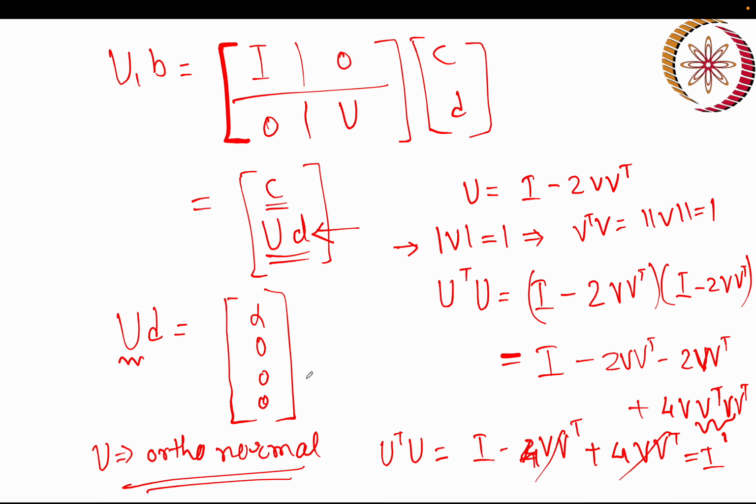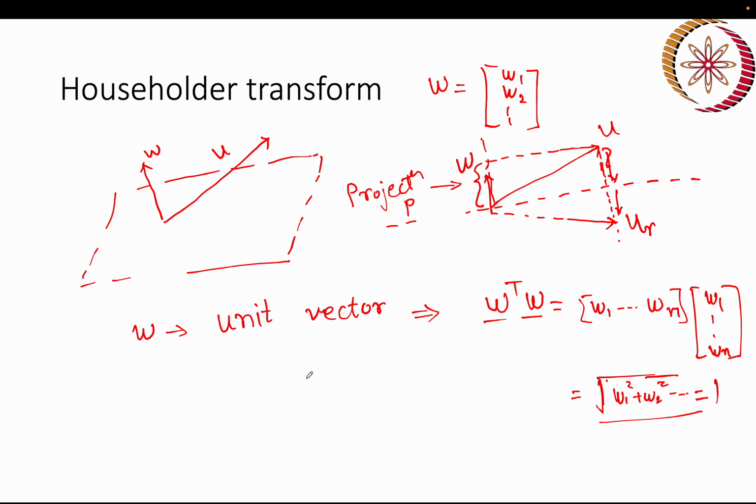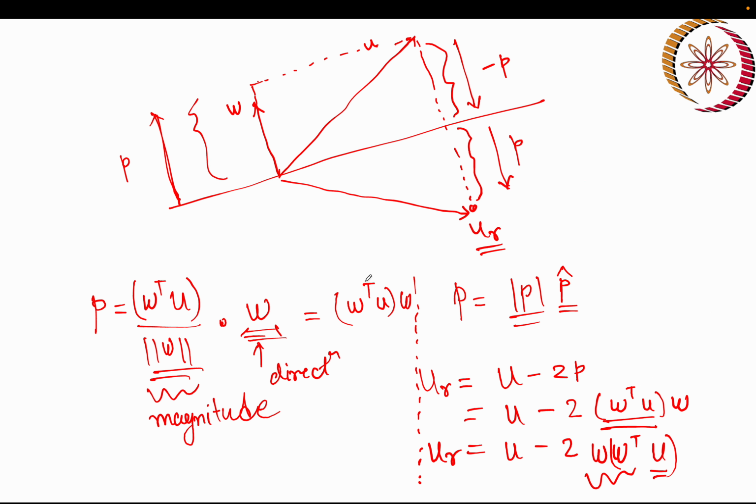So the first step in the transformation was how this Householder matrix came. It came because of this reflection. So we start with the reflection, and we derived this. In this case, we show that about this plane, which has w as the normal vector, we want to reflect.